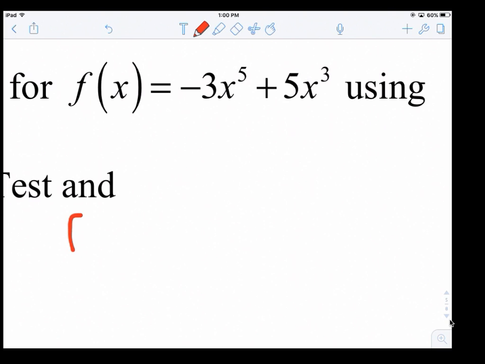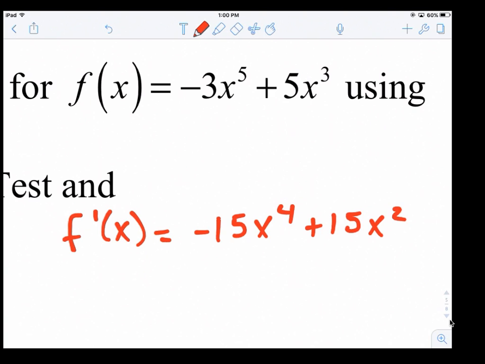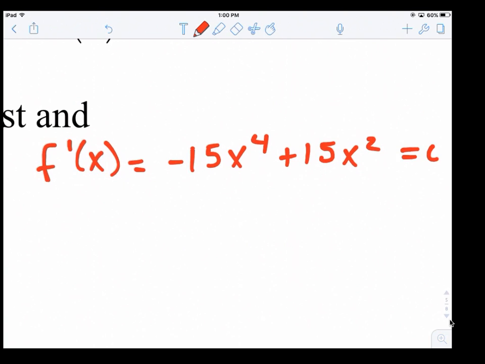So we got f prime of x is negative 15x to the 4th plus 15x squared. I'm going to set that equal to 0. I can take out a negative 15x squared, and I'm left with x squared minus 1.